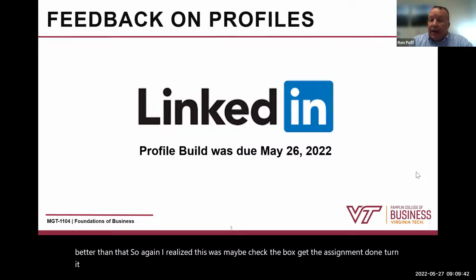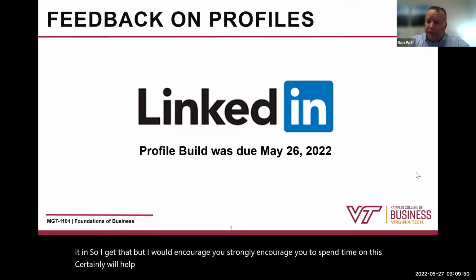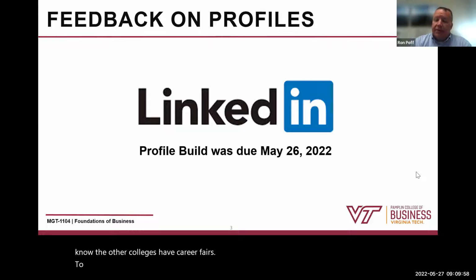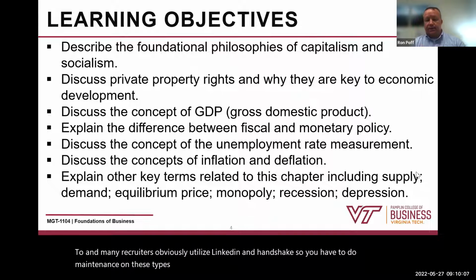So I get that, but I would strongly encourage you to spend time on this. Certainly will help you at any of the career fairs for Pamplin students, Business Horizons. I know the other colleges have career fairs too, and many recruiters obviously utilize LinkedIn and Handshake. So you have to do maintenance on these types of profiles and systems.